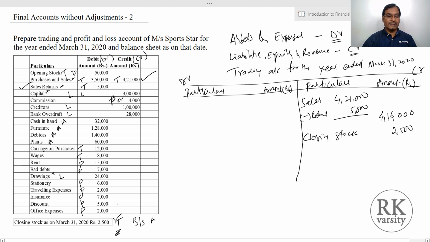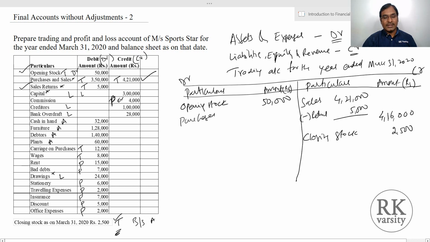We'll check this. Then coming to your debit side, as we said, all direct expenses will appear in your trading account. So we'll start with opening stock 50,000. So we enter the opening stock here. Then you have purchases 3,50,000. There is no adjustment for purchases.